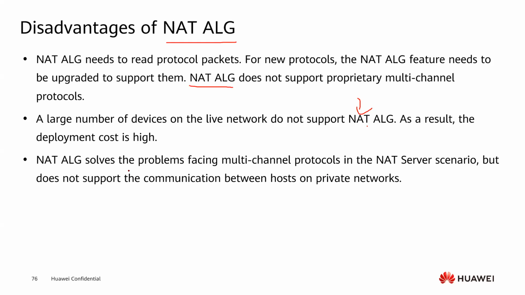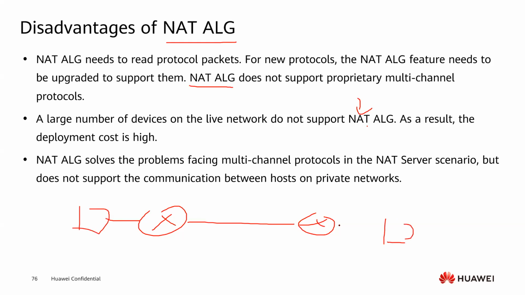It is okay for multi-channel protocols, but there are a lot of protocols whose traffic is not multi-channel protocol. It's just two devices behind NAT devices that want to communicate with each other. This kind of requirement NAT ALG cannot fulfill.